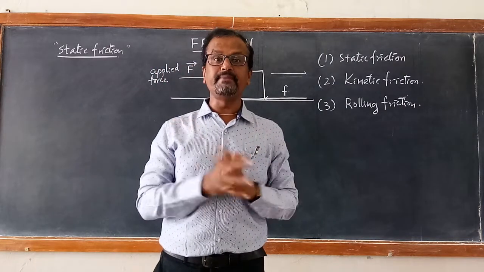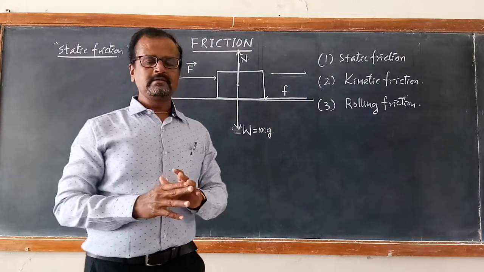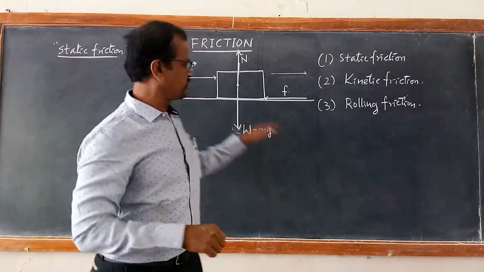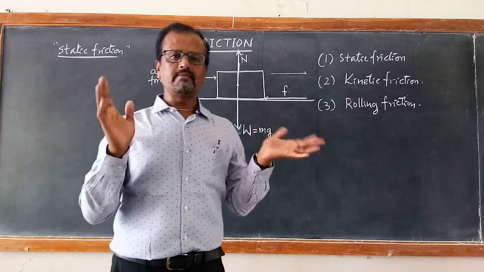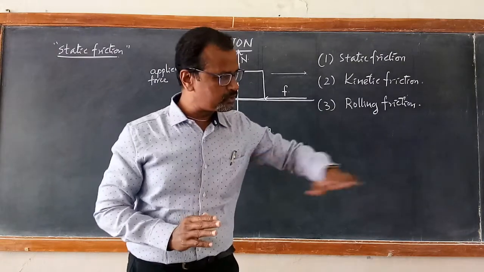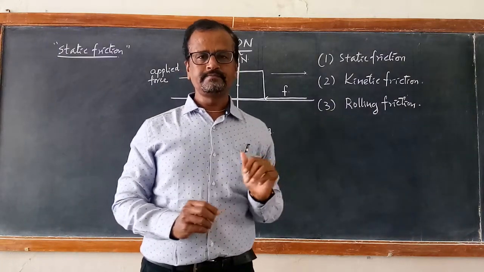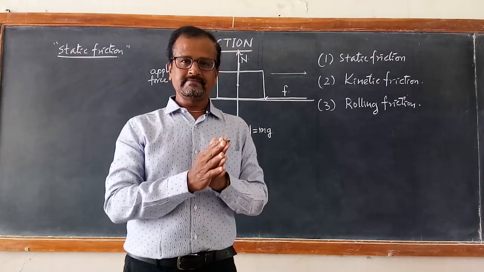What is the meaning of impending motion? If the surface is having zero friction, meaning the surface is very smooth, then we know from Newton's second law, the moment you apply force, the object should move and get accelerated. We know that force is equal to m into a.